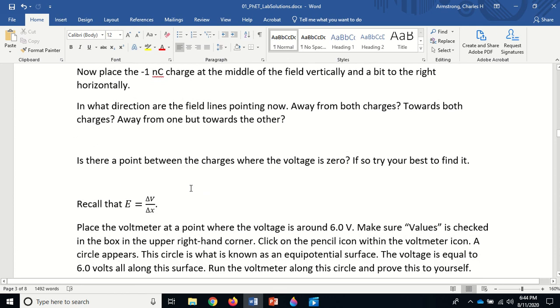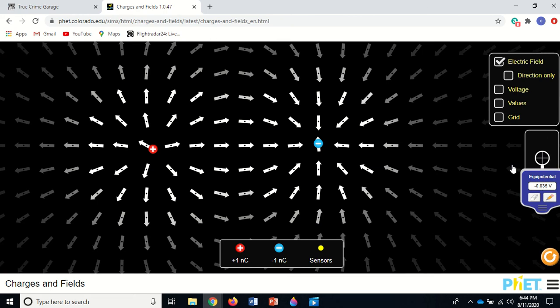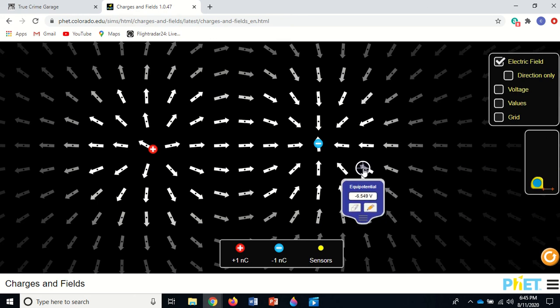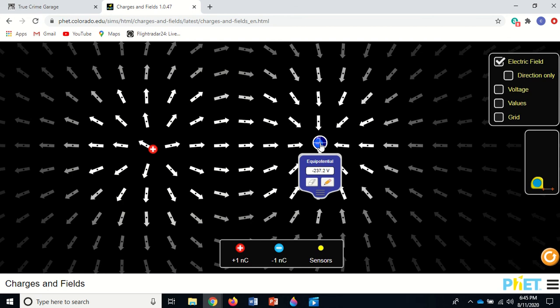Is there any point between the charges where the voltage is 0? Okay, so we've got this voltmeter here. It's supposed to be at 1000 and minus 170 volts, but it's hard to find.